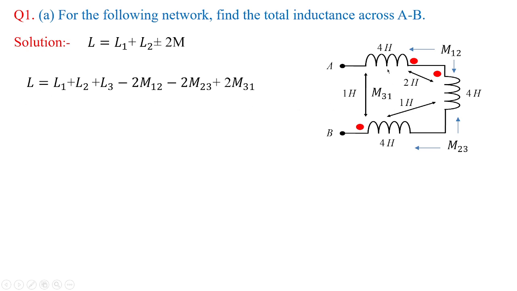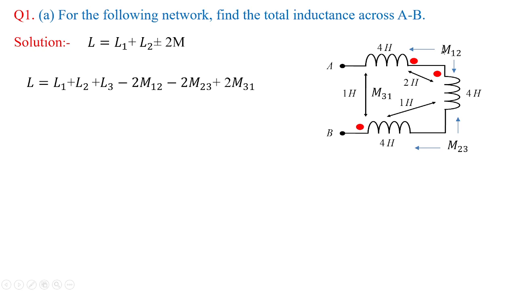So we are going to take this formula. L is equal to, first you take all the inductance values, L1 plus L2 plus L3, minus, first you see here the dot is coming out from the coil, and here the dot is entering into the coil. So the mutual inductance formed between these two coils will be negative. Individually with coil 1, the mutual inductance is 1.